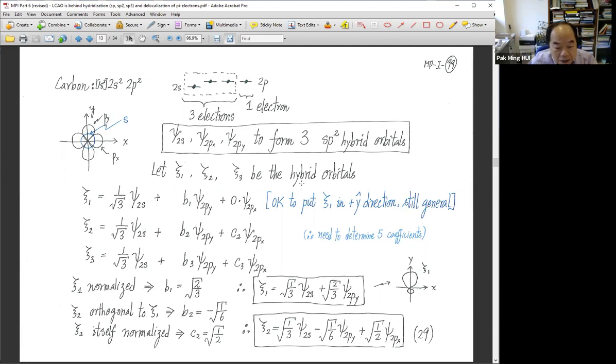Therefore, I take the first one to be aligned in Y. Therefore, I set one of the coefficients to be 0. That is no loss of generality. After I get all this, the end result is something like this, okay? In my consideration, I set one to be along Y, then I get the remaining 2 like that, okay?